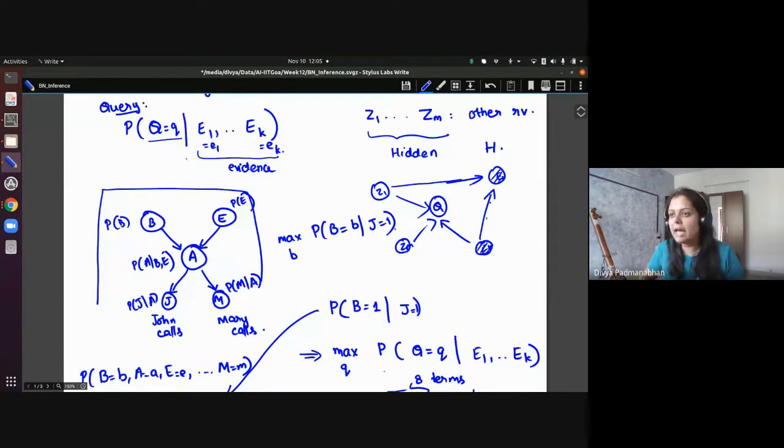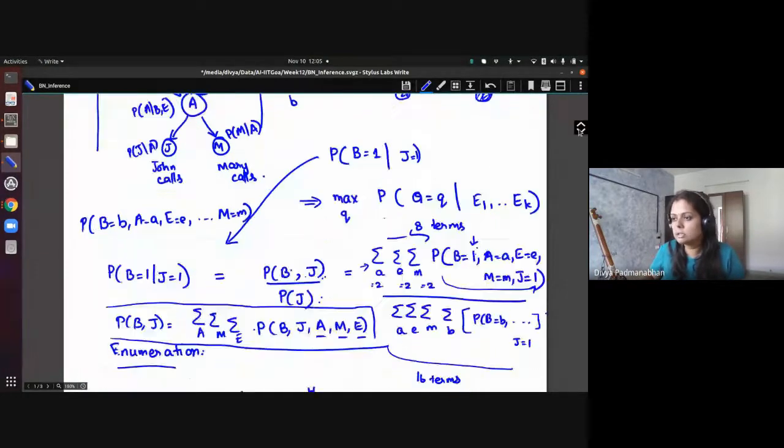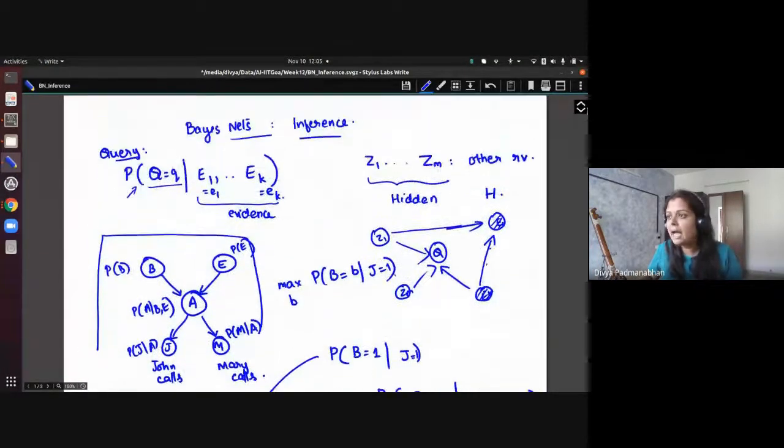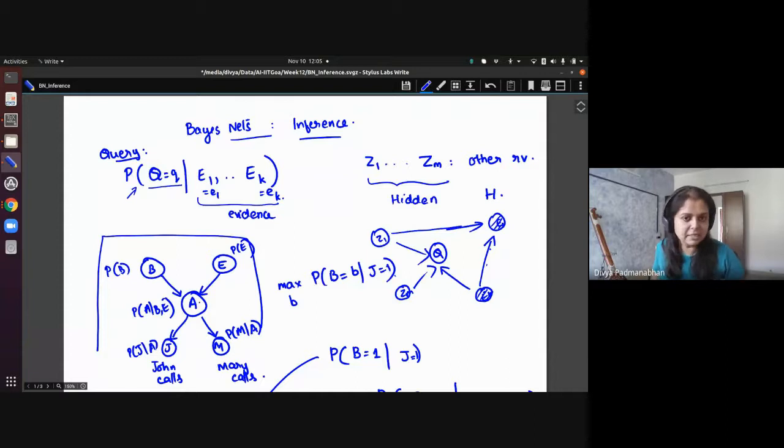The issue is that this probability is not readily available. What you have are some conditional probabilities from the Bayes net. How do you use those to compute these probabilities? That's the inference problem, and it comes up in a lot of machine learning algorithms. Most machine learning models can be represented with a Bayes net, and inference is a very important problem there.